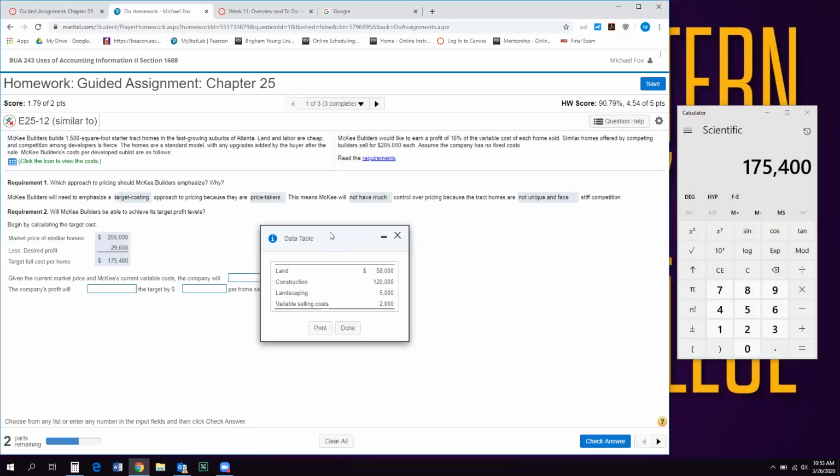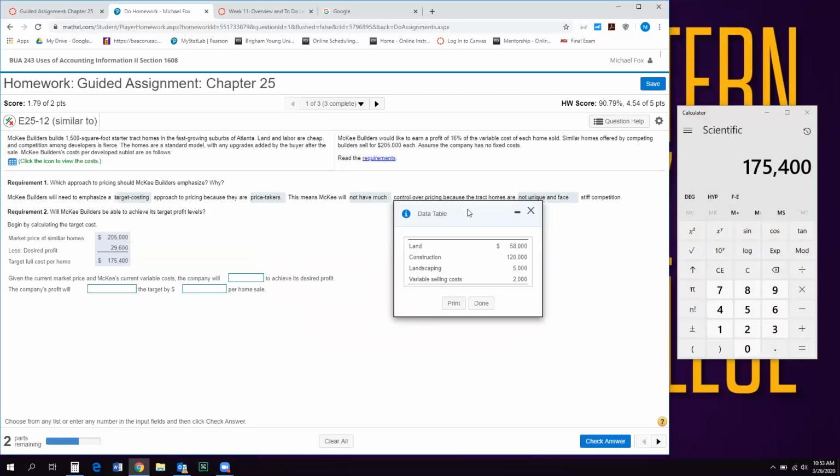All right. So it says, given the current market price and McKee's current variable cost, the company will blank to achieve its desired profit. Remember, their costs, as they have them figured right now, are $58,000 for the land, $120,000 for the construction costs, $5,000 for the landscaping, and $2,000 for variable selling costs.